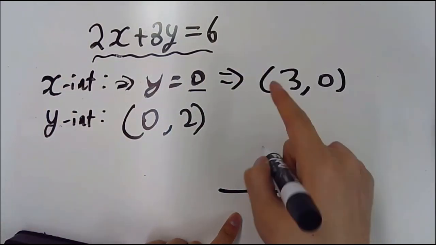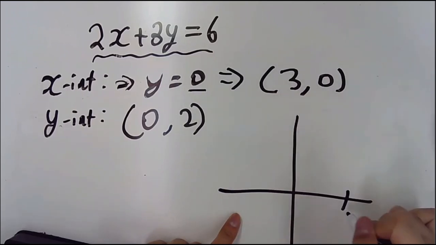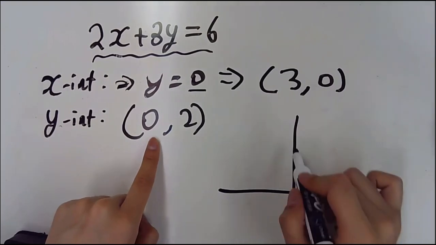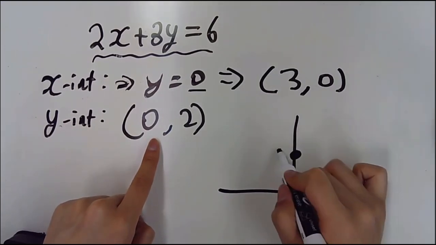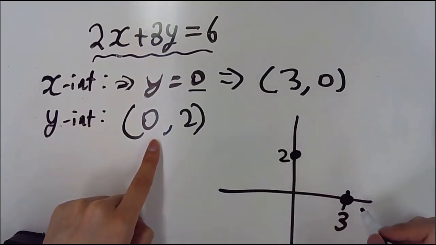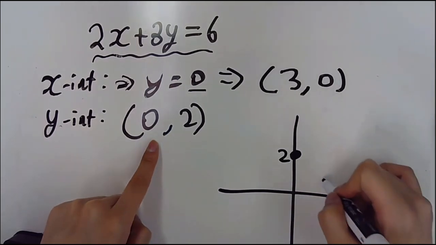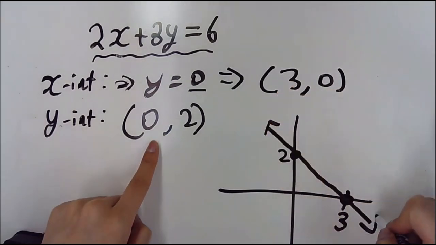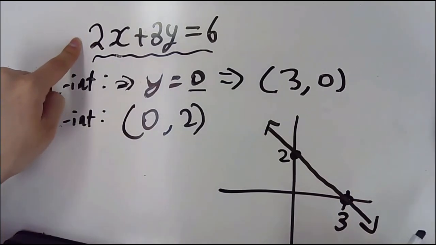The first point that I have is (3, 0), which will be something like here. And the second point that I have is (0, 2), which is going to be here. All I would have to do is draw a line that goes through those 2 points. And I will have the graph of this function over here.